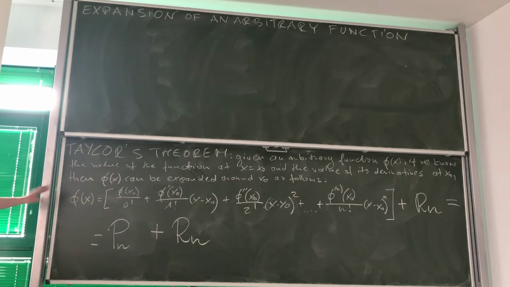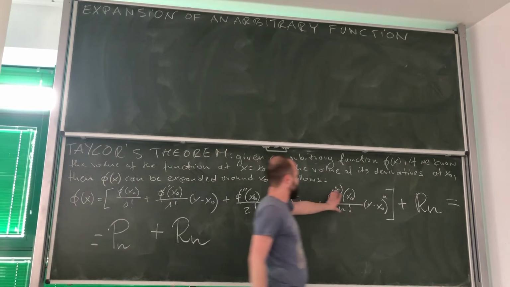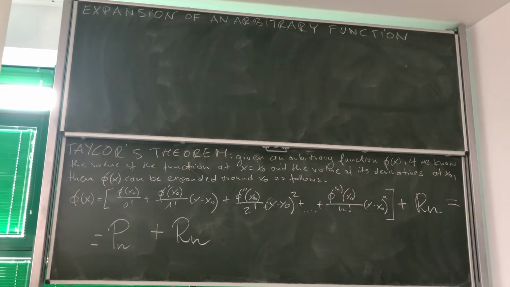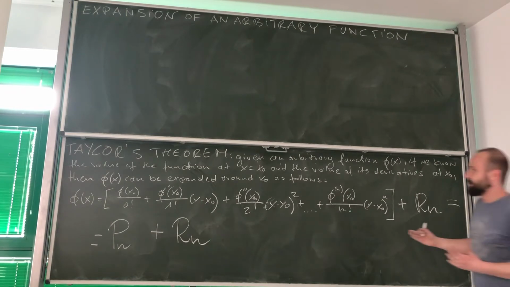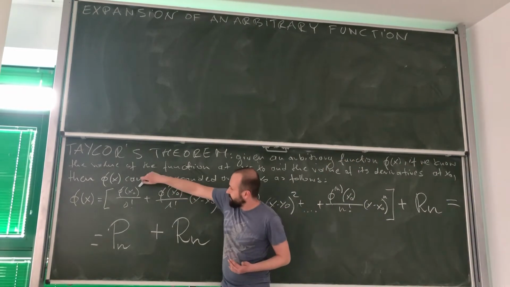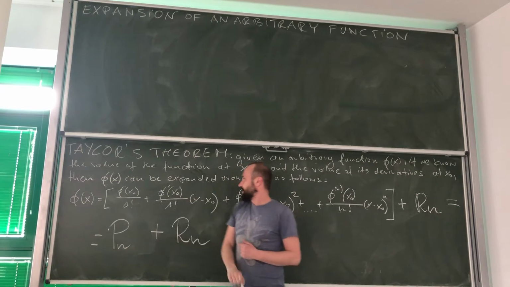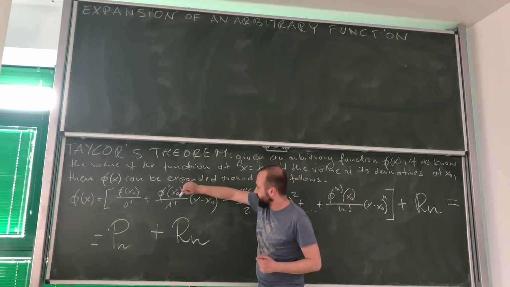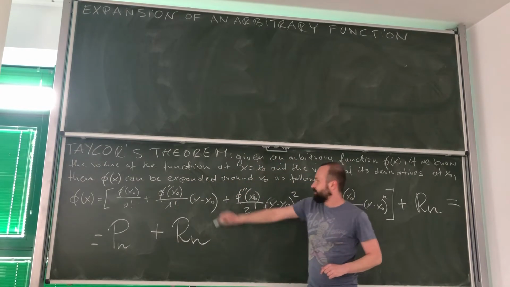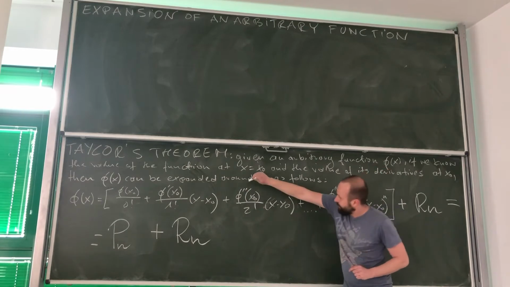And look, what do we see over here? Here is a Taylor expansion, exactly the way we saw it. Phi of x0 divided by 0 factorial. Phi prime of x0 divided by 1 factorial times x minus x0.